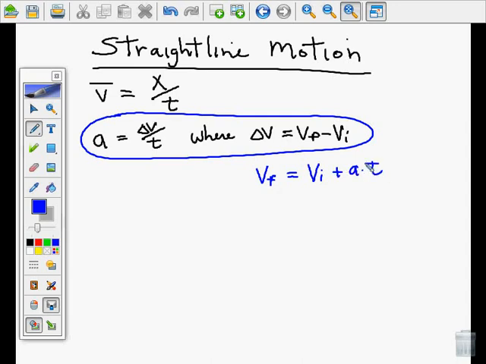And then for uniform accelerated motion, if you take the initial velocity plus the final velocity and divide by 2, you get the average velocity. And then, of course, the great displacement formula.